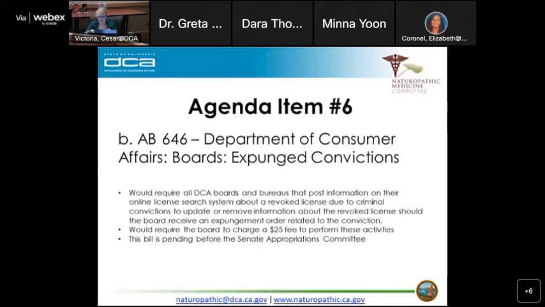Boards and bureaus have the authority to suspend or revoke a license on the basis of a criminal conviction. Currently, to allow for consumer transparency, conviction information can be posted with a licensee's suspension or revocation information on a board's or bureau's website.